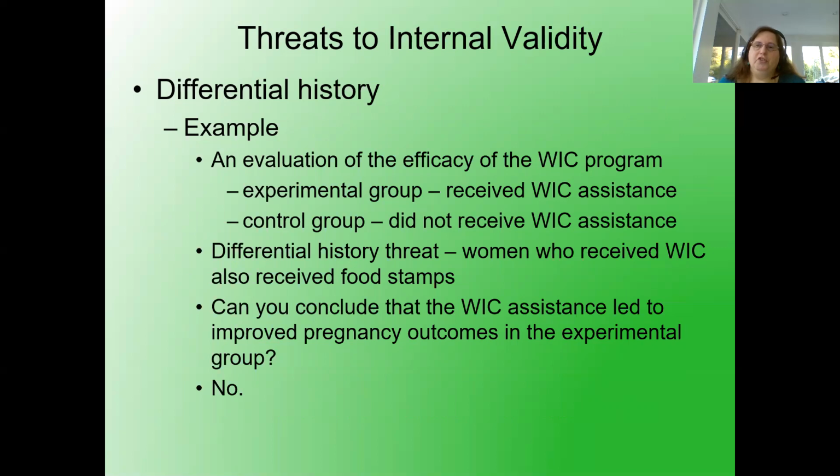Now here's the differential history threat. The women who received WIC assistance typically also receive food stamps. So can we conclude that the WIC assistance led to improved pregnancy outcomes in the experimental group? No. It might have been the WIC, it might have been the food stamps, it might have been some crazy interaction between the two. We just don't know.